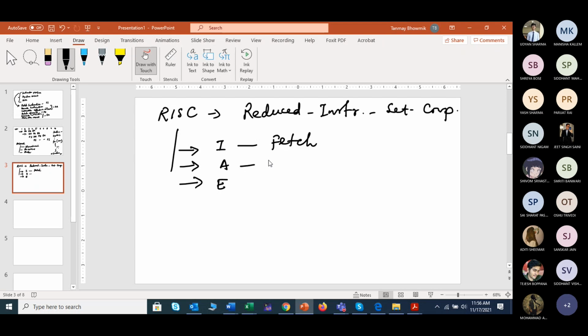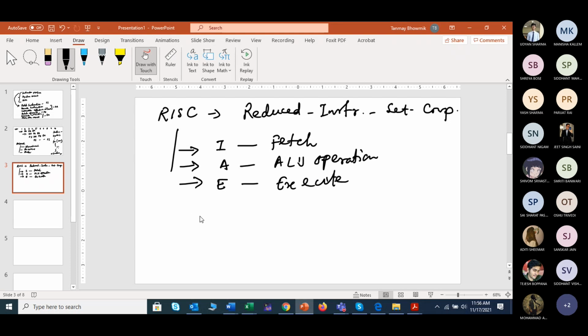This is your deciding factor, whether you are performing any arithmetic operation or logical operation or whatever it may be, so you can give it the name ALU operation as a single term, and the last one is execute instruction. Okay, now we will take some example and check how this hazard can be managed through this RISC architecture, right?